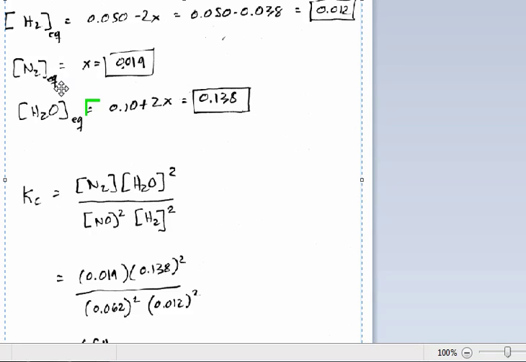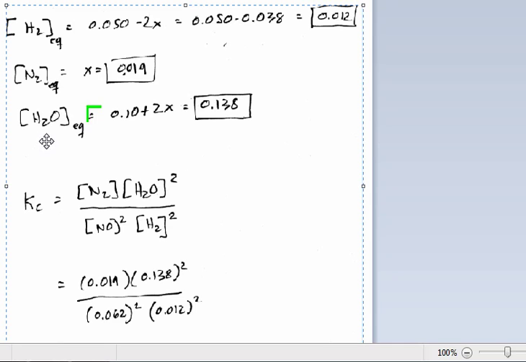Nitrogen at equilibrium is simply equal to x, so that's 0.019. Water at equilibrium is 0.10 plus 2x, so that would be 0.138. So now I have the equilibrium concentrations, and I was given the equilibrium concentration of NO. I didn't have to calculate that.